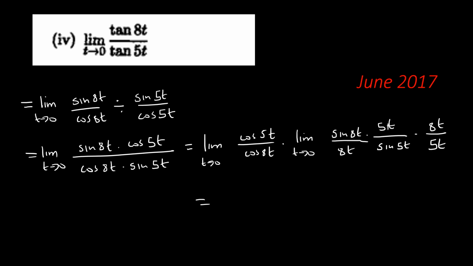So like I said, this first one will give me 1, because we know cos of 0 is 1. So 5t, if you multiply it by 0, it's 0. So cos of 0 over cos of 0 is 1, times sine 8t over 8t is 1. 5t over sine 5t is also 1.